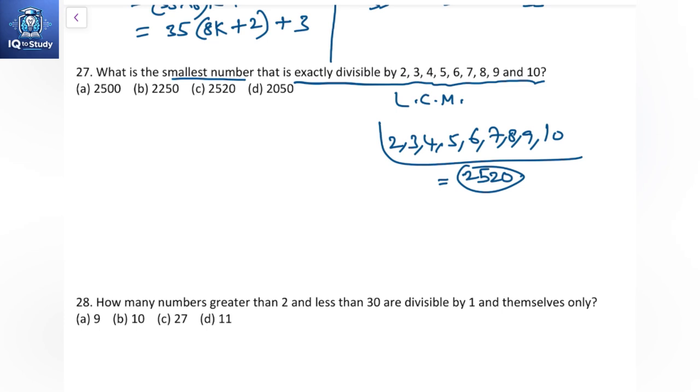So the smallest number is 2520, which is exactly divisible by 2, 3, 4, 5, 6, 7, 8, 9 and 10.